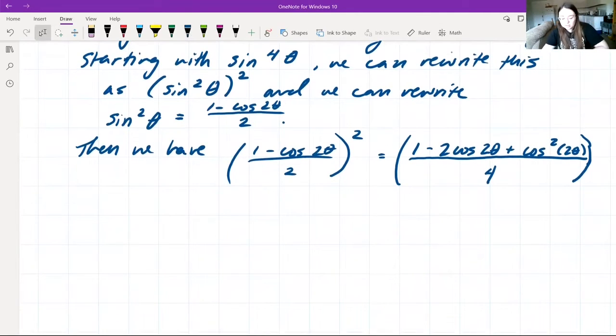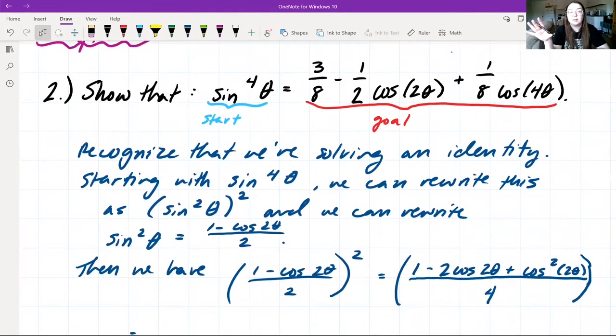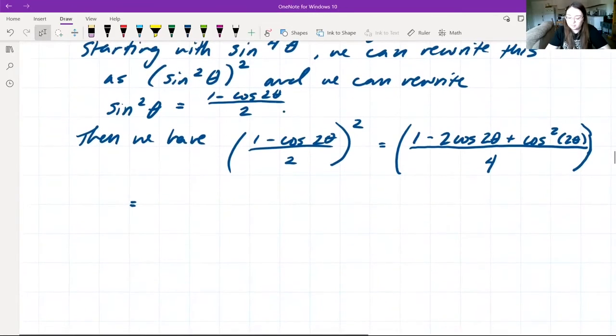So now we have this new equation. We're going to simplify it just a little bit more. We are going to divide each term by 4 and have it separated out, since we see that our answer here is definitely separated out with all of our different denominators. So let's go ahead and write this out.